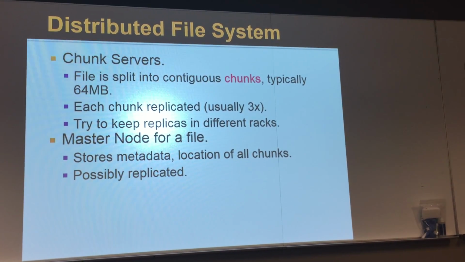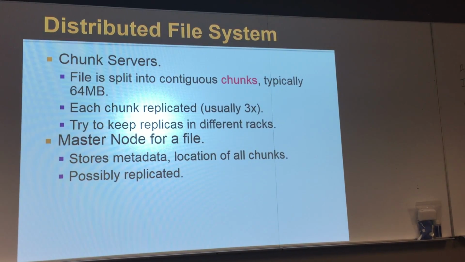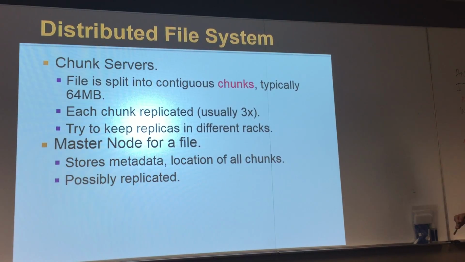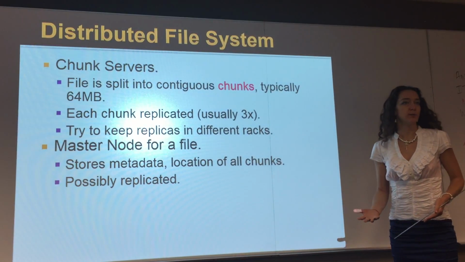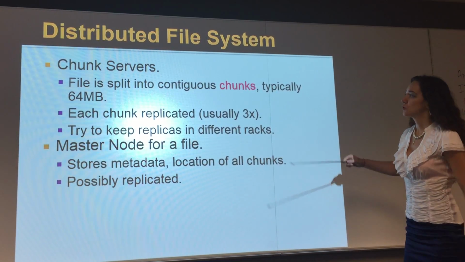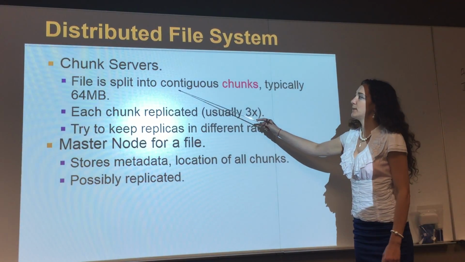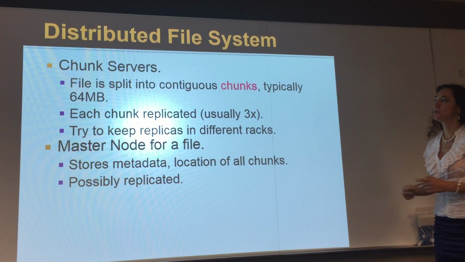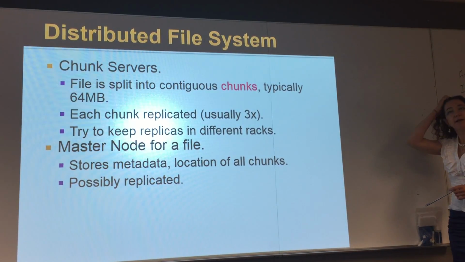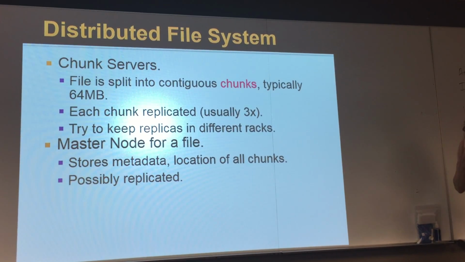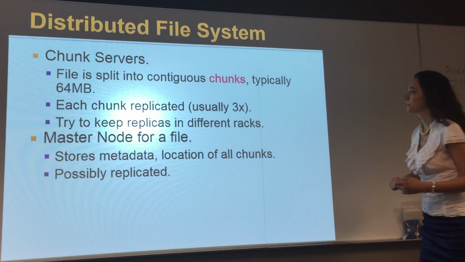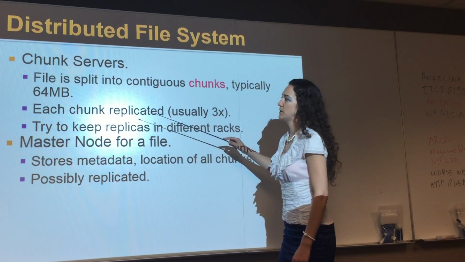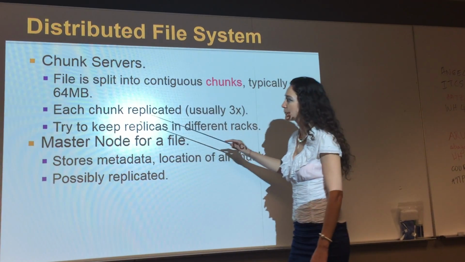If we have a file or a data set, we can split it into multiple pieces. So it is split in contiguous pieces or chunks. Contiguous means that they are in the original order. Each piece could be 64 megabytes.